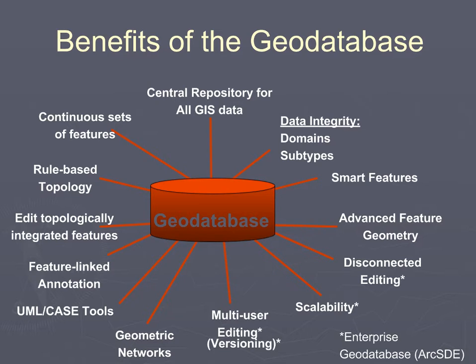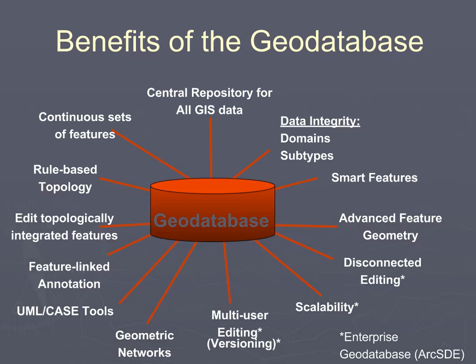Subtypes allow you lightweight classifications of your features within a feature class. You can have advanced geometry types in addition to points, lines, and polygons. You can have geometric networks and topologies and other things. You can scale geodatabases from a small single-user geodatabase to a very large multi-user geodatabase depending on the needs of your organization.